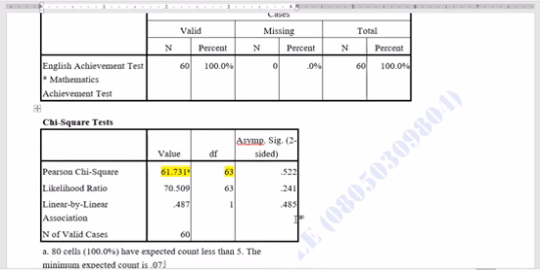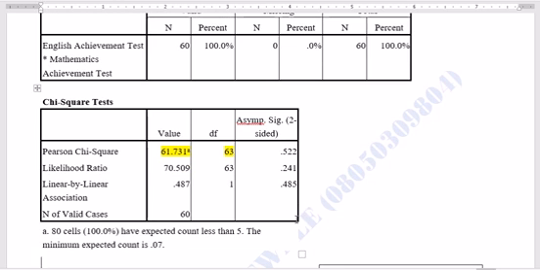And now let's see. The 80 cells, 100% have expected count less than 5. The minimum expected count is 0.7. Look at it. The minimum expected is 0.7. All right.